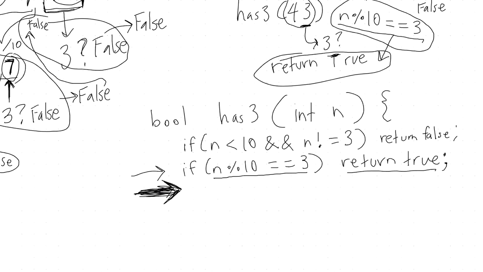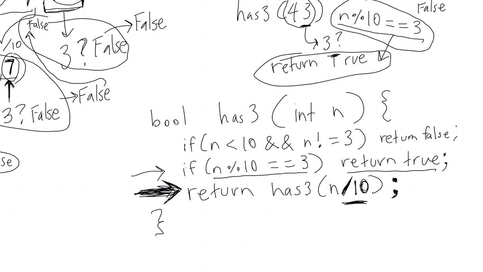So since we already did that check here, what we want to do here is return has 3 with a smaller version of the number, which is itself with the digits cut off. Usually if you're working with numbers, integers, and they're telling you to check the digits, the smaller version of the problem usually looks like itself, but divided by 10, or with the last digit cut off.